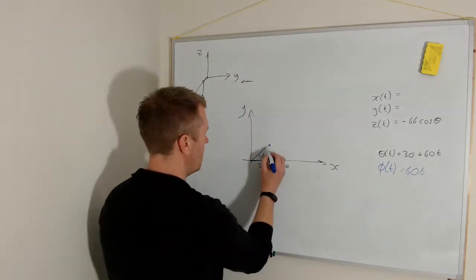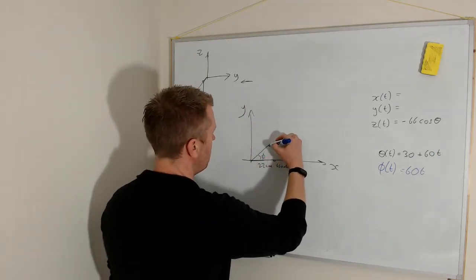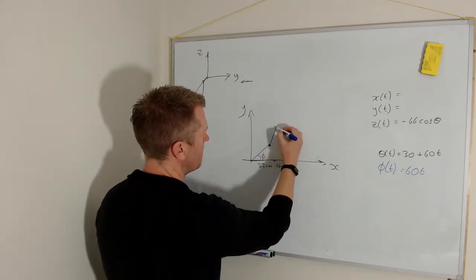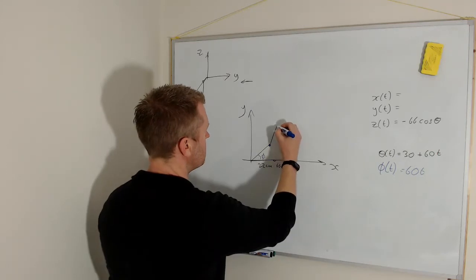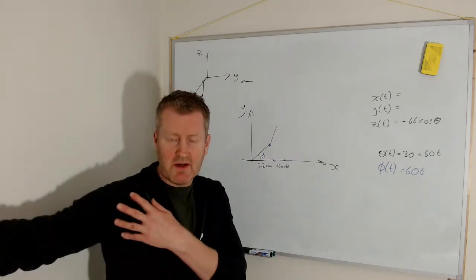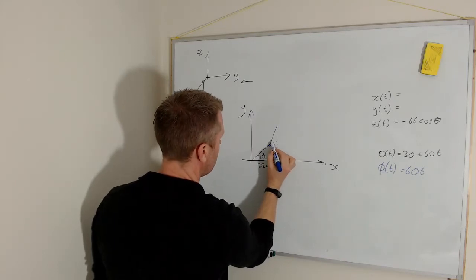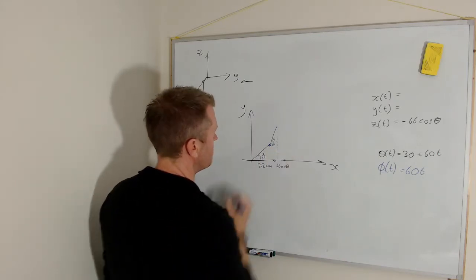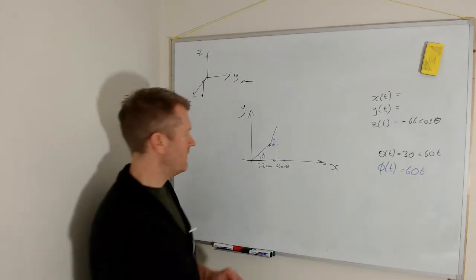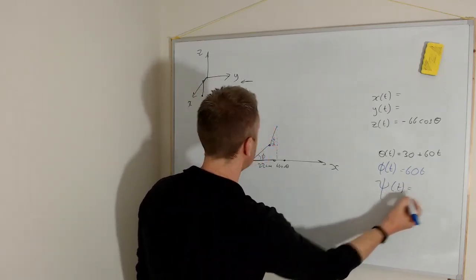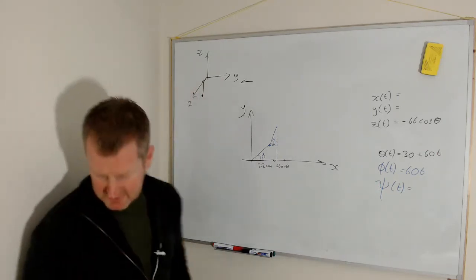Then his arm will have moved forward a little bit, so this angle will no longer be 180 degrees. His arm's also lifted up a bit, so this angle is also phi, and this one we'll call psi. So psi of t is equal to, well, we'll work that out in a sec.